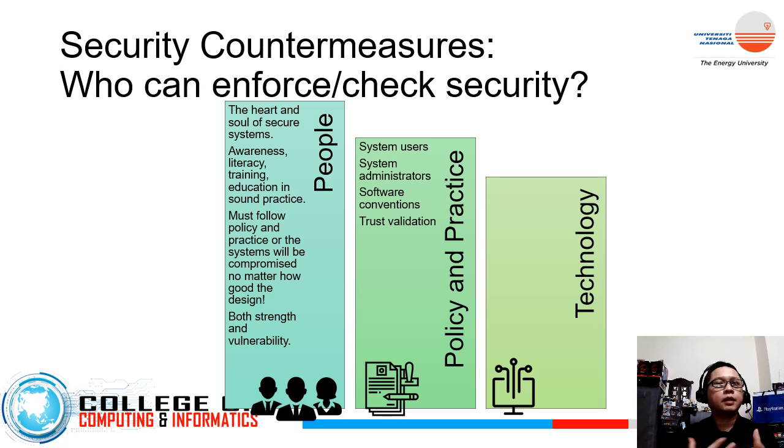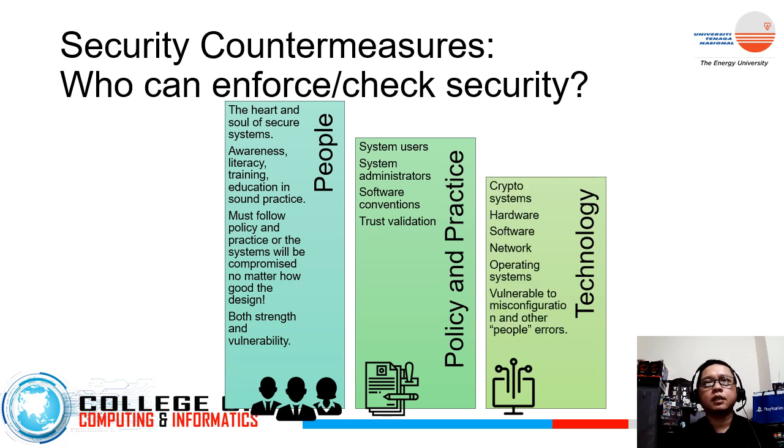Do you have proper training for that? So this is the proper policy and practice. And then the technology. You have perhaps the crypto system, the protection hardware, software, OS. But most importantly, you need to know that all these things need one another. If you have the technology, you need the people to actually do it and understand it.